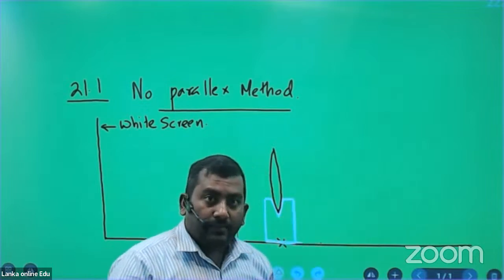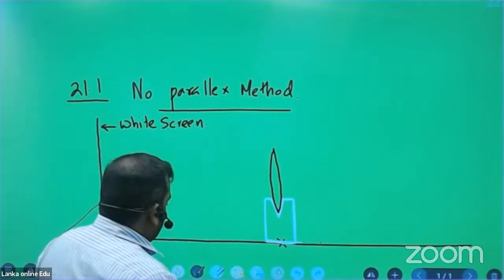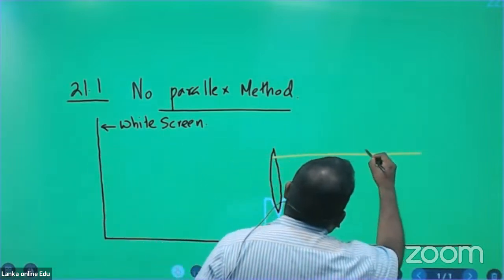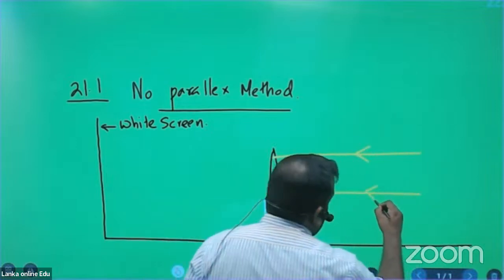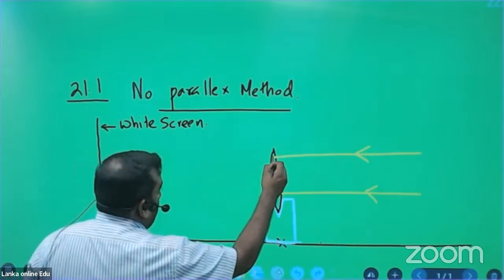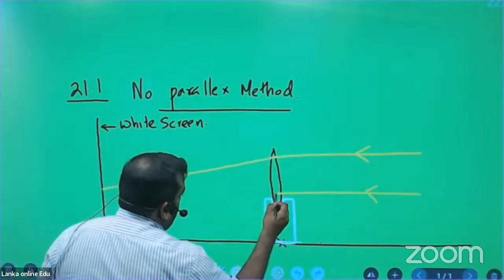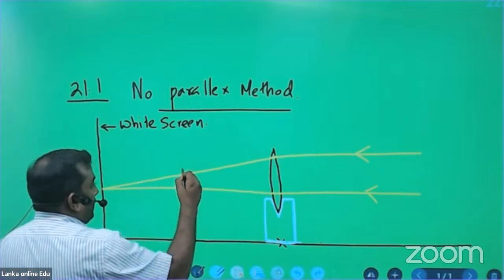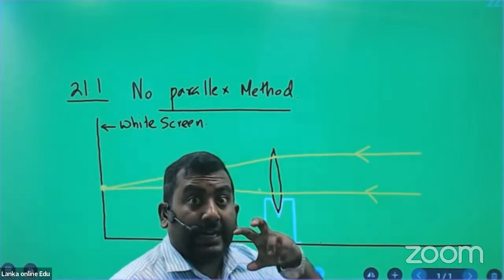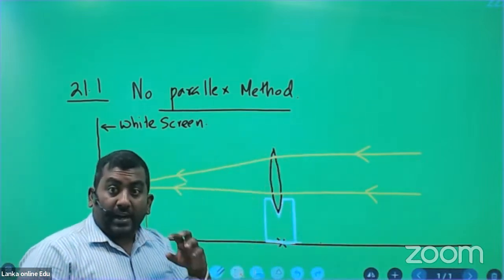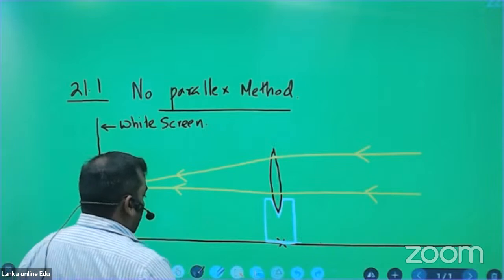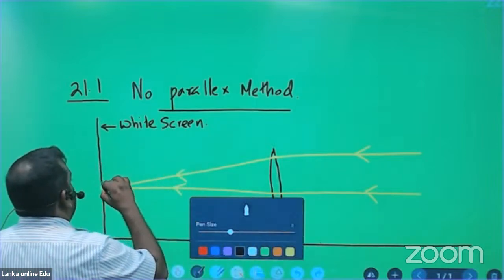So with light rays coming from far, you adjust the position such that the rays converge to a single point. What will happen here is we get a clear intense image on the white screen.